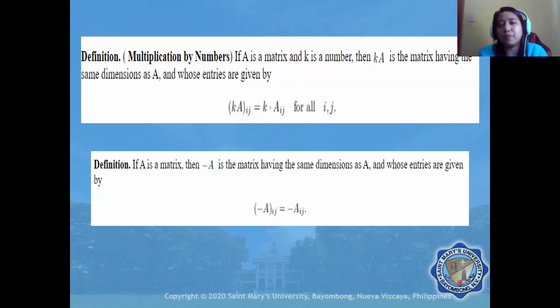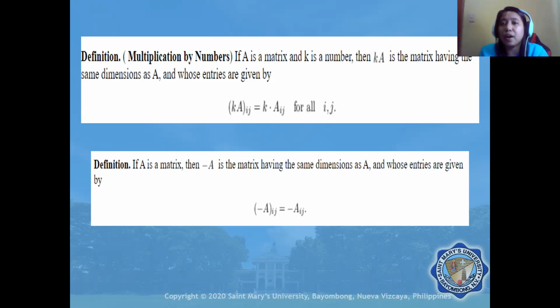Okay, so we have the following definitions for multiplication by numbers. If A is a matrix and k is a number, then kA is the matrix having the same dimensions as A, and whose entries are given by (kA) sub ij equals k times a sub ij.